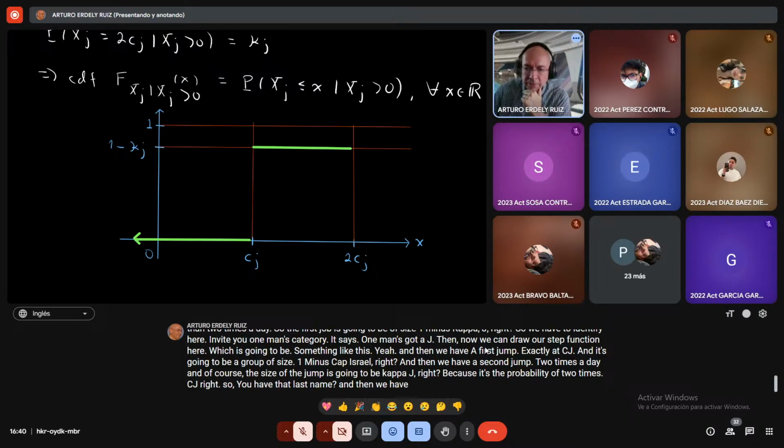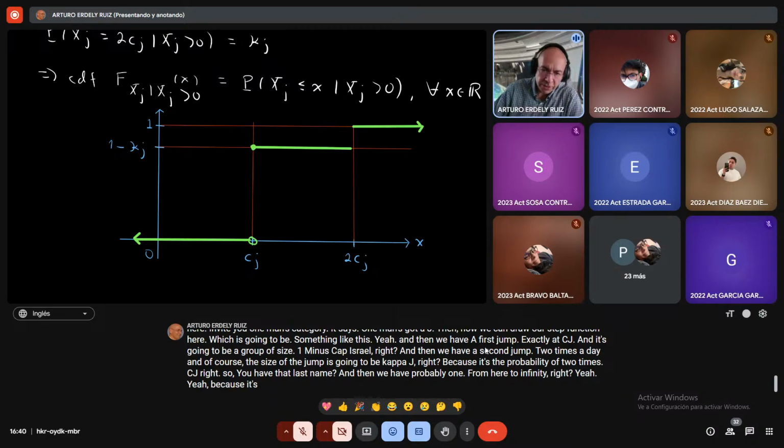And then we have probability 1 from here to infinity, right? Yeah, because it's right continuous, of course.